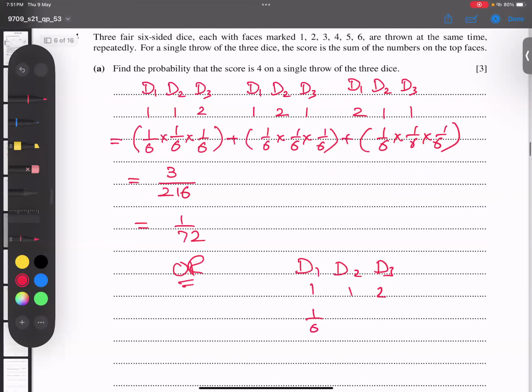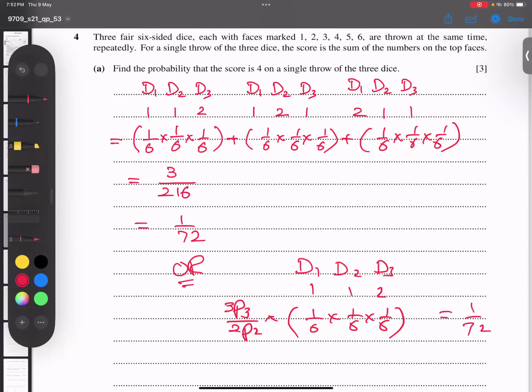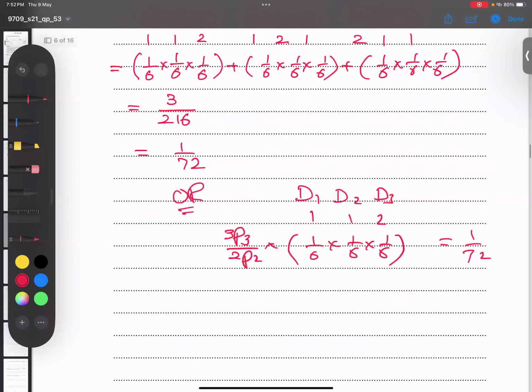So this is 1 out of 6 times 1 out of 6 times 1 out of 6. But I'm writing here 3P3 divided by 2P2. Now you can ask, sir, where did you get this number from? Actually 3P3 because there are three options, and 2P2 because two numbers are repeating. For your understanding, if you type this in the calculator, it gives you 3, the same answer, and you see this coming 3 times. That is why it will give you the same answer, 1 over 72. So I have two techniques. I showed you both. Let's go for the next.